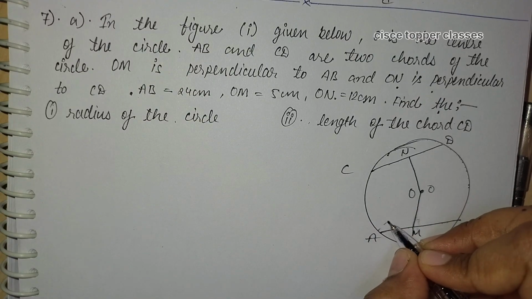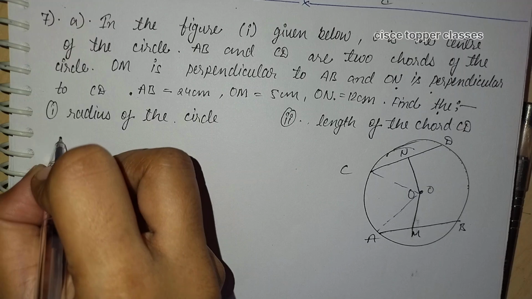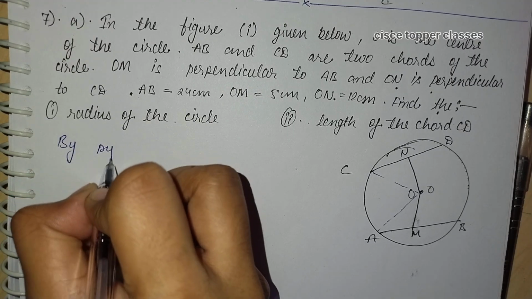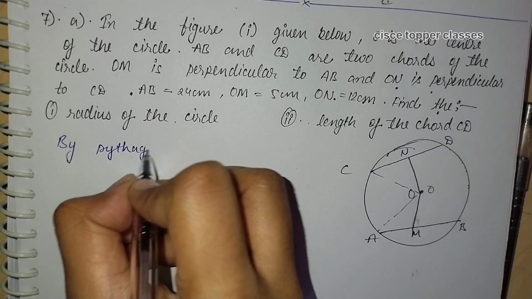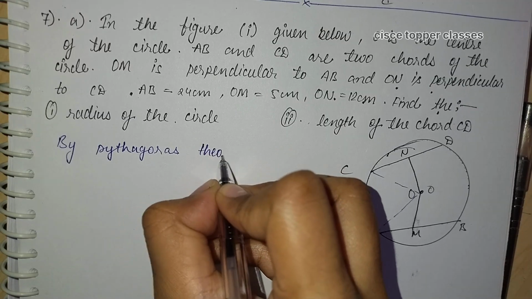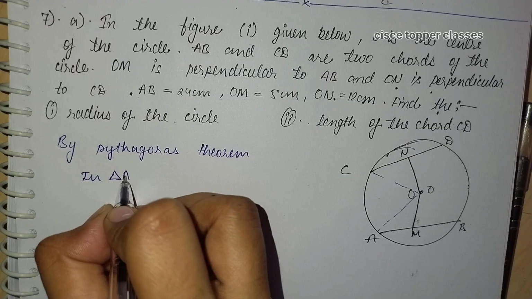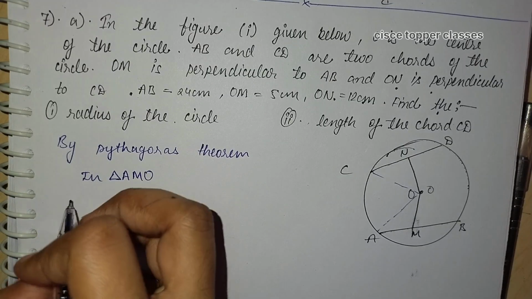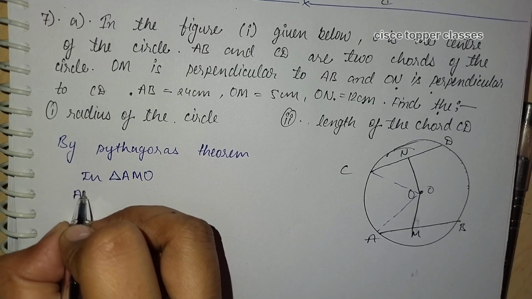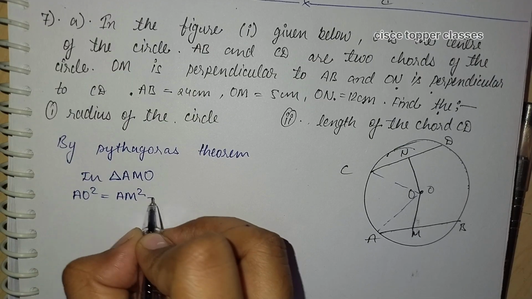So to find the radius of the circle, we will use Pythagoras theorem. So by Pythagoras theorem, on applying in triangle AMO, we will find here AO square is equal to AM square plus OM square.